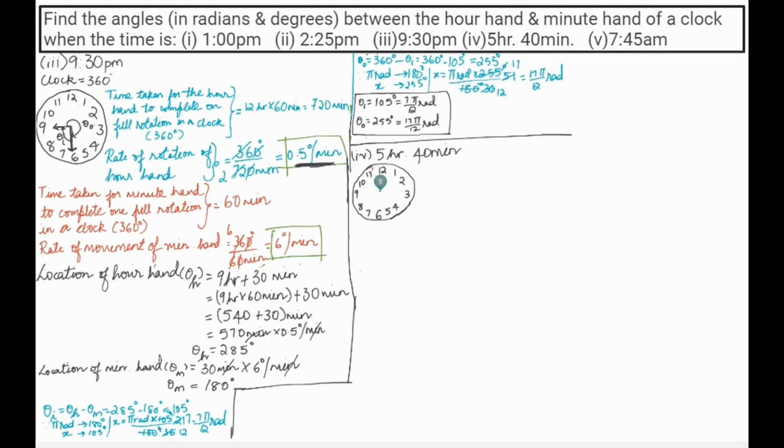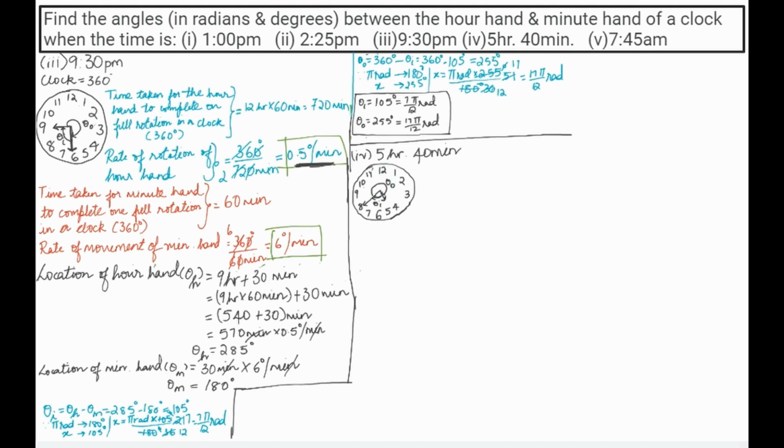So this is our inner angle, that is the angle between the hour hand and minute hand, theta I. The other angle between the minute hand and the hour hand is theta O.